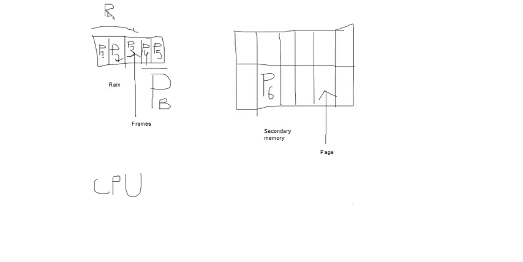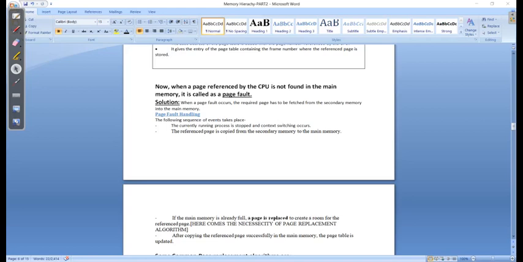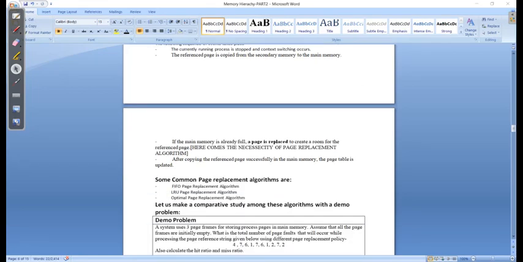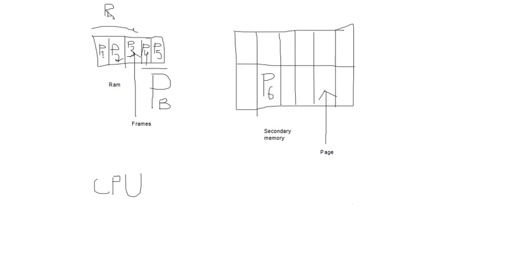So what is the way out to get rid of this page fault? The solution is, when a page fault occurs, the required page has to be fetched from the secondary memory into the main memory. So you need some replacement algorithm here. You need to replace some existing pages from the RAM.